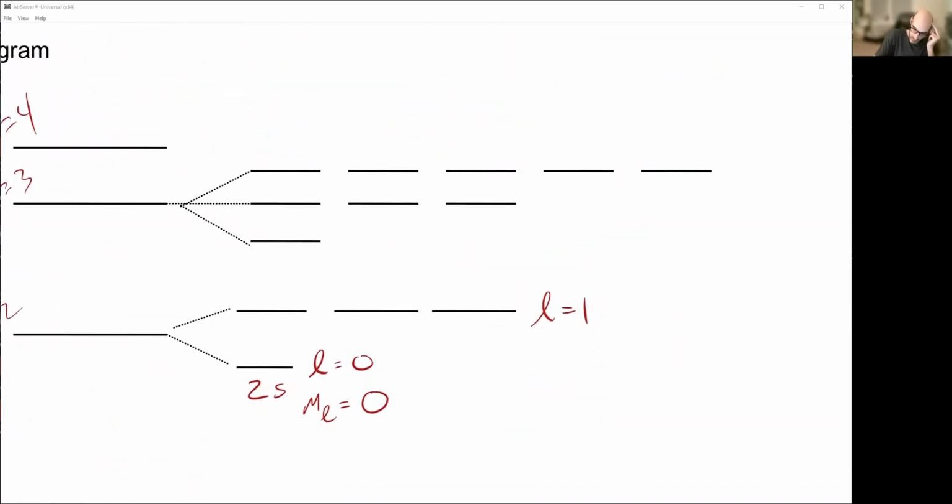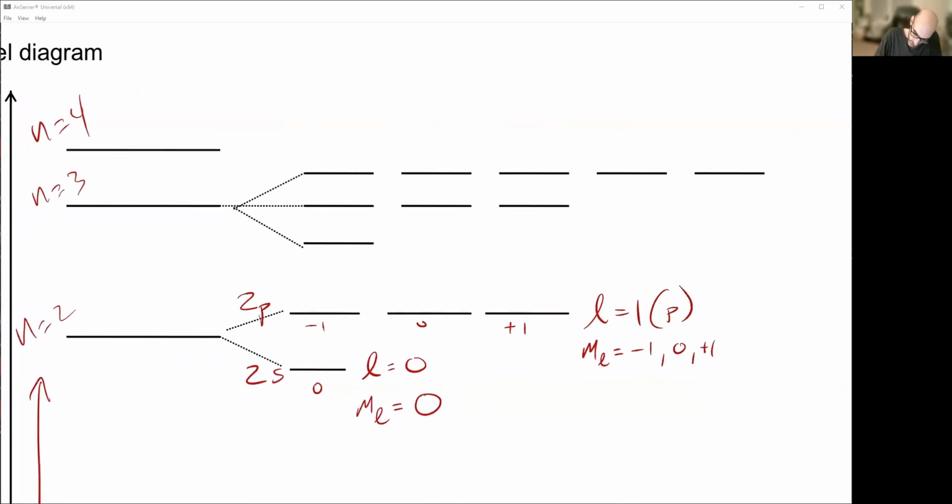If my L is equal to 1, m sub L is -1, 0, +1. The L equals 1 represents P. So this is my 2p. I have -1, 0, and +1. I have 3 orbitals there.